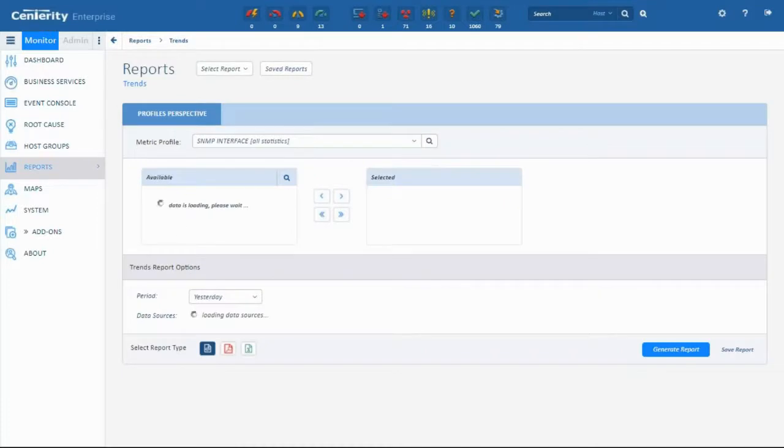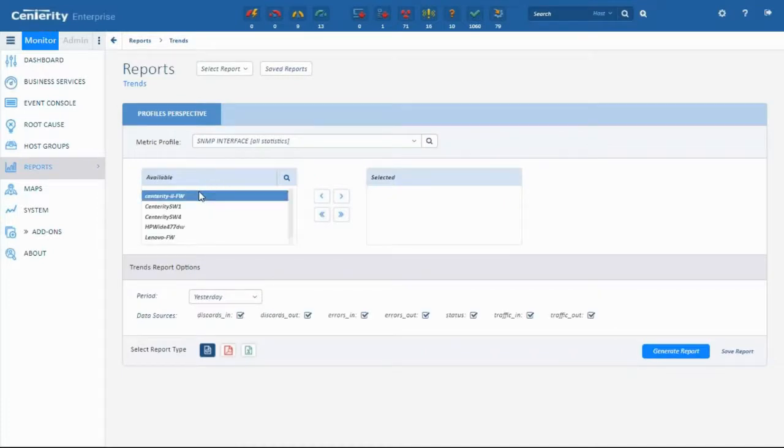In this case, I want to look at the statistics on the SNMP interface for this specific firewall that was associated with that business service we've been showing you. And I'm just really interested in the discards and traffic in and out.